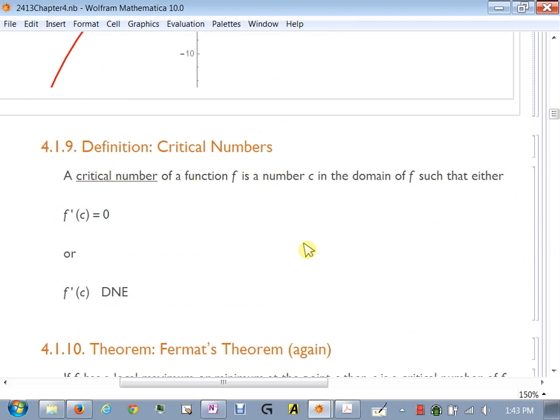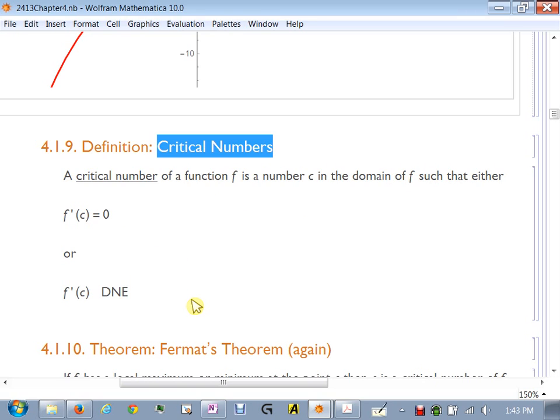So before we can move on, we need to define what are called critical numbers. And they are critical for us to be able to do what we're about to do. A critical number of a function is any number, c, in the domain of the function such that either of these two things are true.